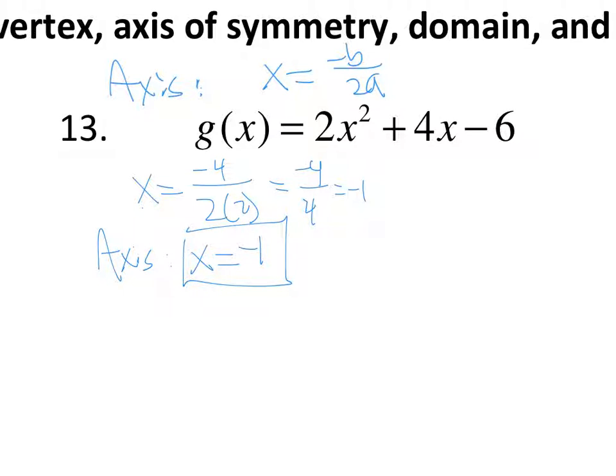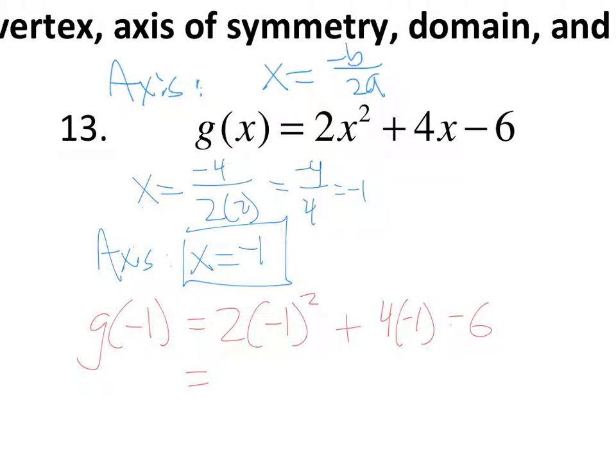Okay, now to find the vertex, we need to find the y value, because the vertex is always on the axis of symmetry. So all we got to do is plug in -1 here. -6, and this is going to be 2 times 1. -1 squared is +1, so this is going to be 2.